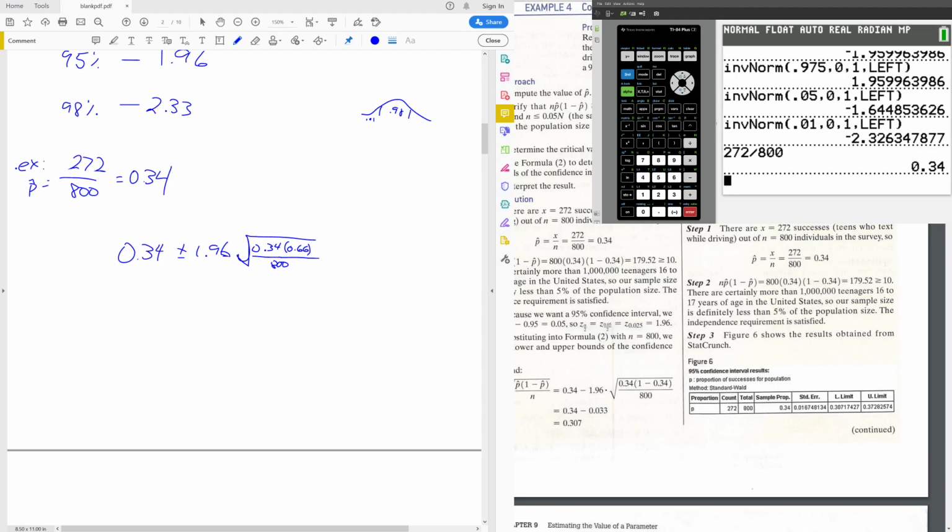And so, what we're going to do is, I like to sometimes first just figure out this value, and then I can add it and subtract it from 0.34. Or you can just type the whole thing in, do one of them with plus, type it all in again with a minus. Okay?